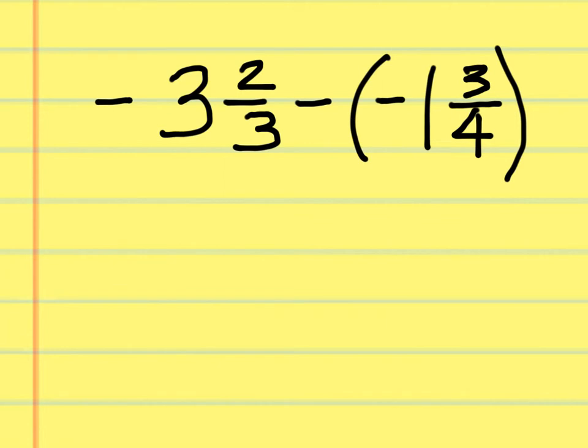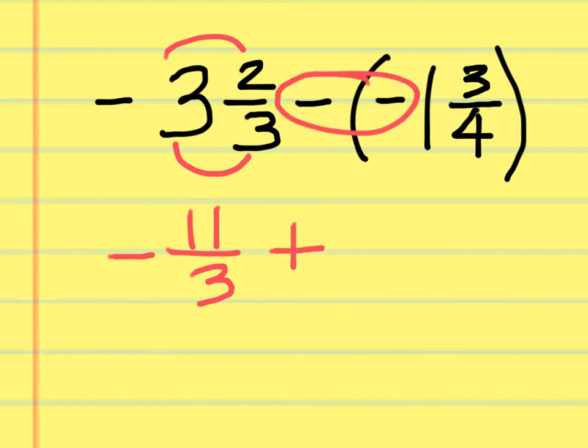Convert that first fraction. 3 times 3 is 9, plus 2 is 11, but it's a negative fraction. This changes to plus, double negative. 4 times 1 is 4, plus 3 is 7.